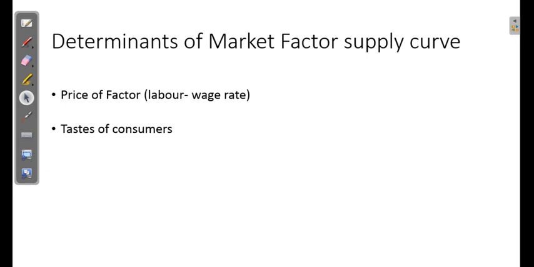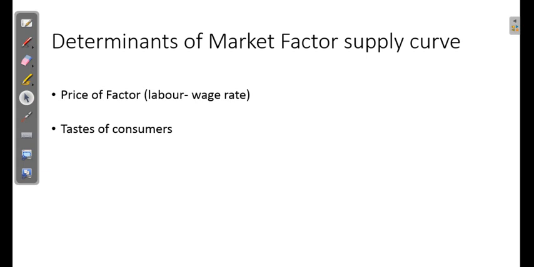The second determinant is the tastes of consumers. Here, consumers can basically be taken as the persons who supply labor services. Depending upon the tastes of such persons, or such household members, the supply is made. What do we understand by taste?